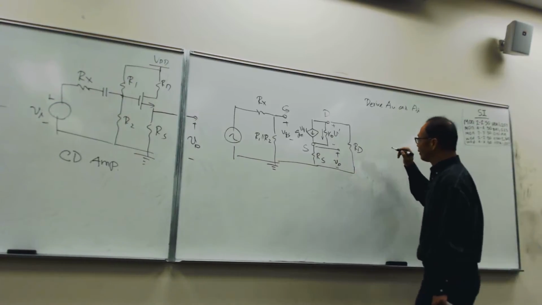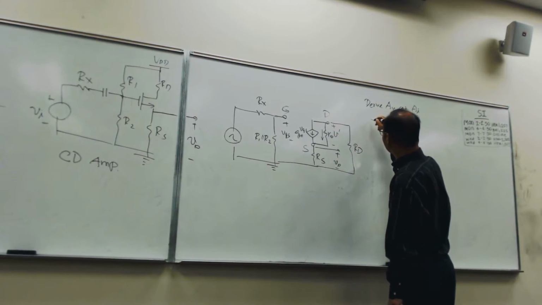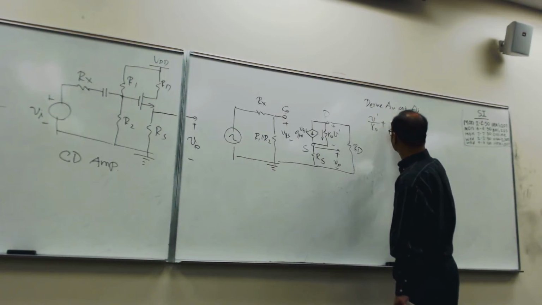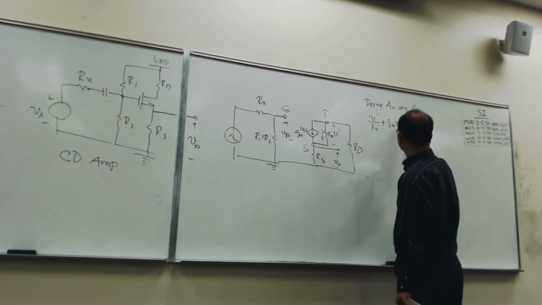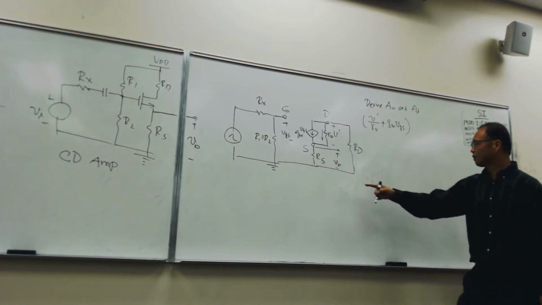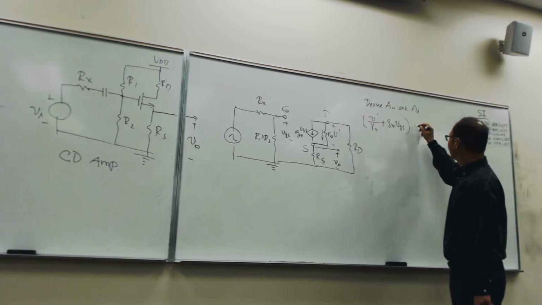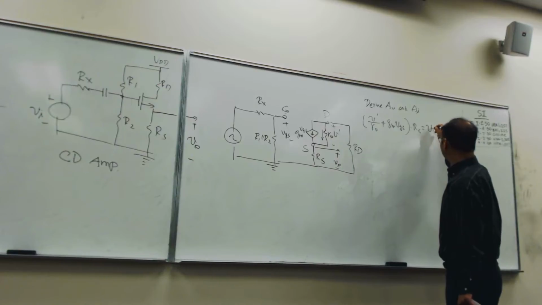So therefore, the current going through R sub S is what? It is V sub prime over R sub O plus gm VGS, right? That's the current going through R sub S, correct? Times R sub S, and that's equal to V sub O, yes?